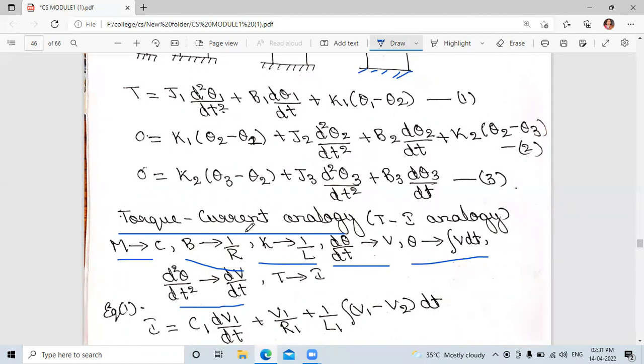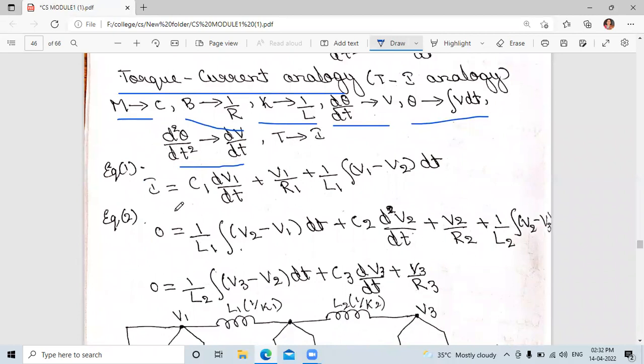Now what you should remember is mass is replaced by capacitance, B is replaced by 1/R, and K is replaced by 1/L, and dtheta/dt is replaced by V.